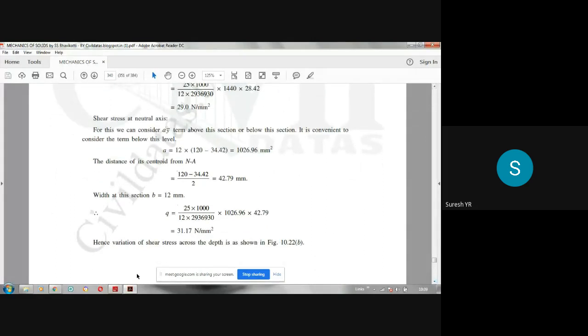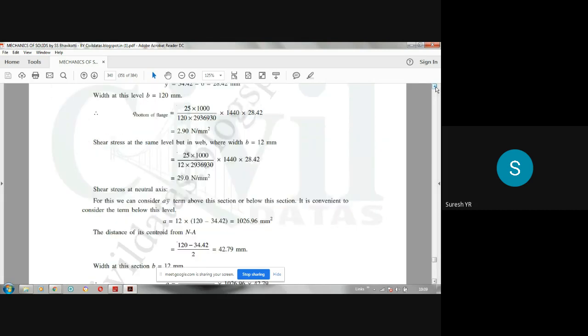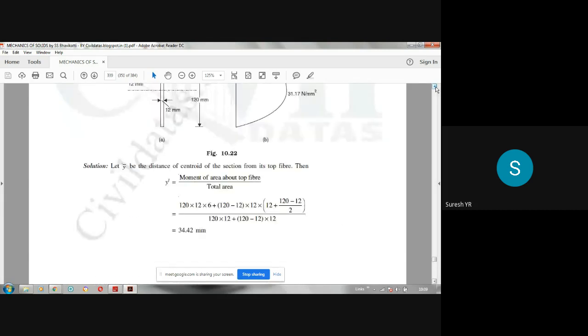Now let us see how to calculate the shear stress at the neutral axis. For this we can consider the A Y bar term above the section or below the section. It is convenient to consider the term below this level, because it is very easy to write down the expression for A into Y bar.